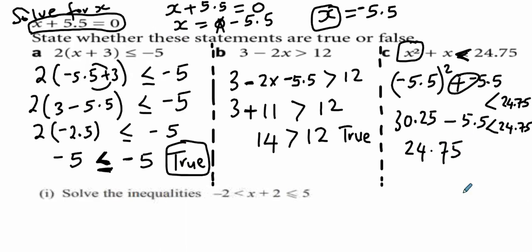Now compare 24.75 with 24.75. You find that 24.75 is not less than 24.75, unless this symbol was less than or equal to, then our statement could be true.